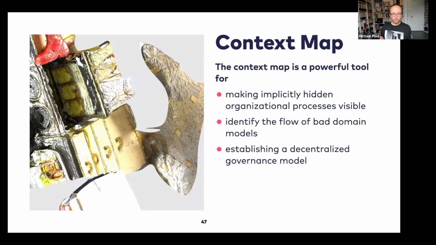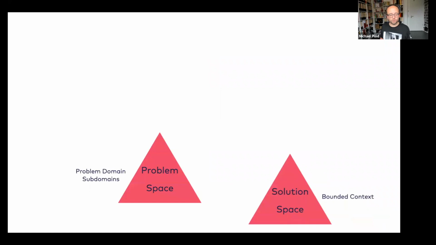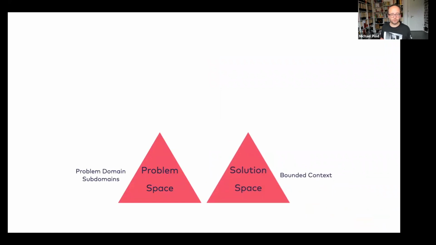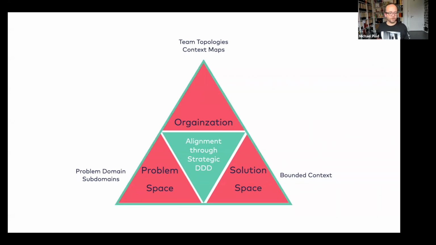So to round up my talk, when we put together the problem space, represented by the problem domain and the subdomains, the solution space, represented by the bounded contexts, and organizational aspects, represented by team topologies or context maps, and we find a perfect alignment of those, I think we have a very good indicator that the stuff that we built goes in a pretty good direction.